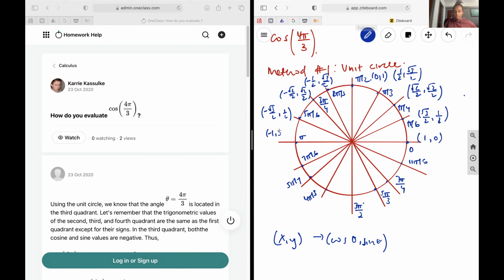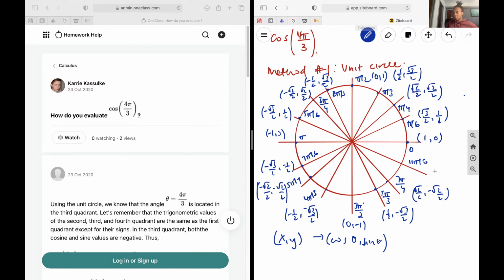5 pi over 6 is negative root 3 over 2, 1 over 2. Pi is negative 1, 0. 7 pi over 6 is negative root 3 over 2, negative 1 over 2. 5 pi over 4 is negative square root 2 over 2, negative square root 2 over 2. 4 pi over 3 is going to give me negative 1 over 2, negative square root 3 over 2. 3 pi over 2 is going to give me 0, negative 1. 5 pi over 3 is 1 over 2, negative root 3 over 2. 7 pi over 4 is root 2 over 2, negative square root 2 over 2.